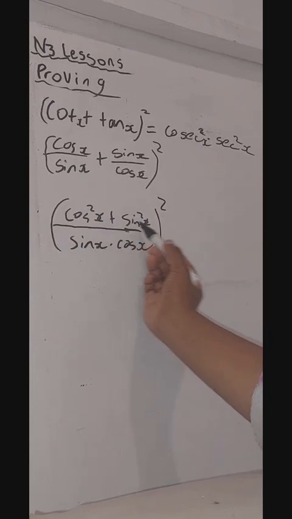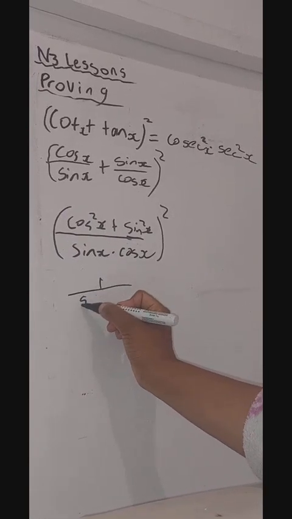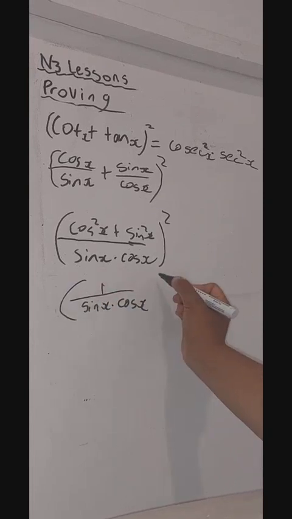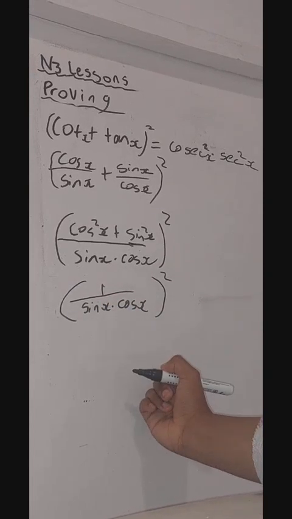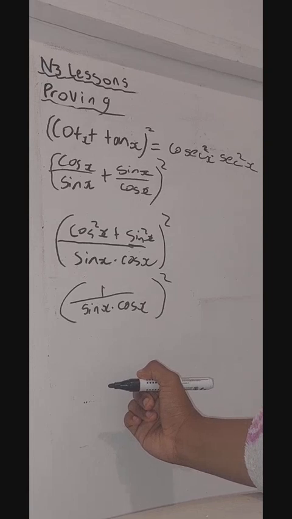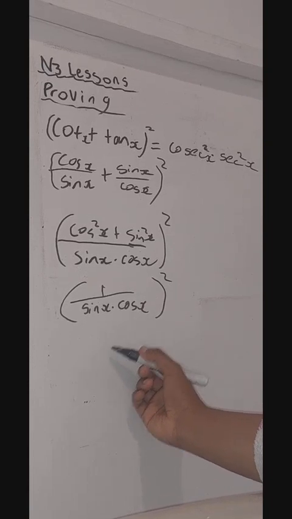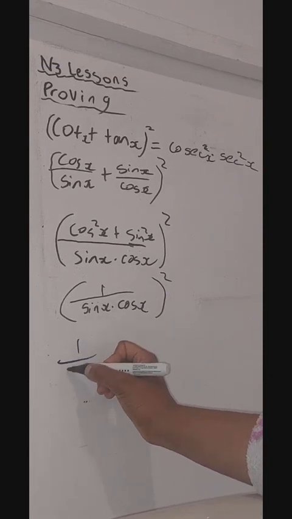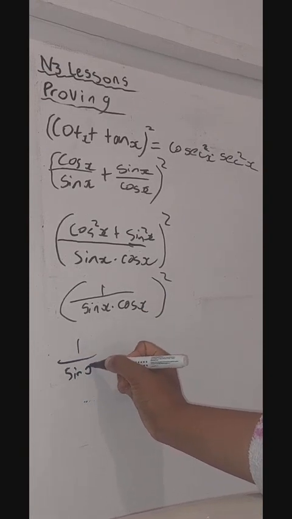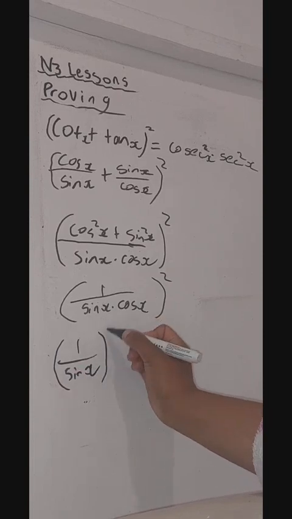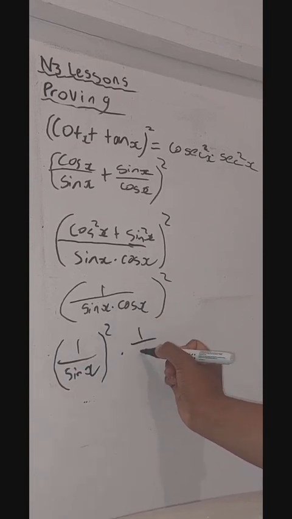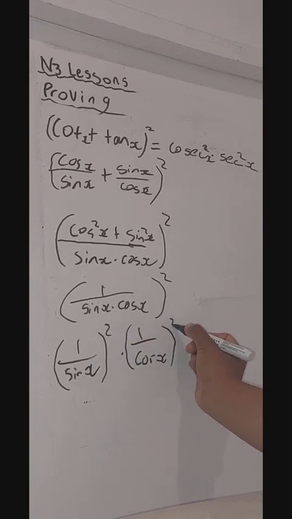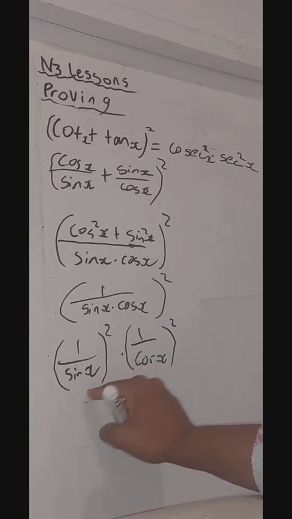Start off with the bracket. We know that this is 1 over sine x times cos x, still squared. Still we square it, which takes us to the answer, because we know that 1 over sine x squared times 1 over cos x squared is the reciprocals.